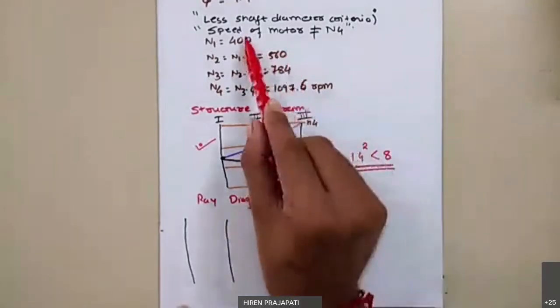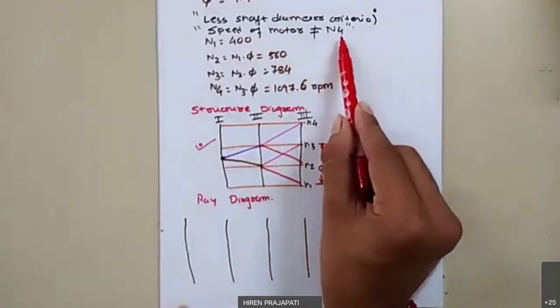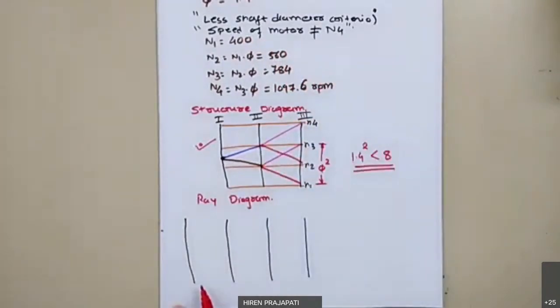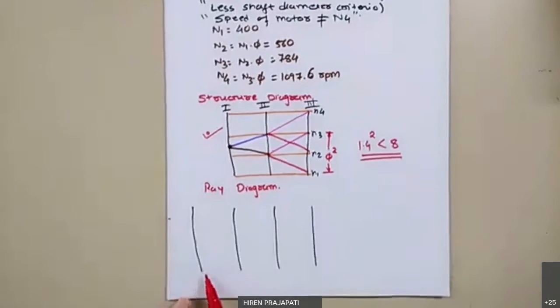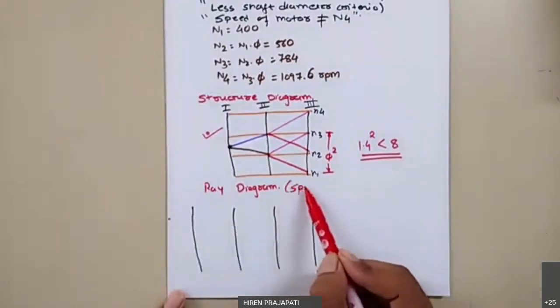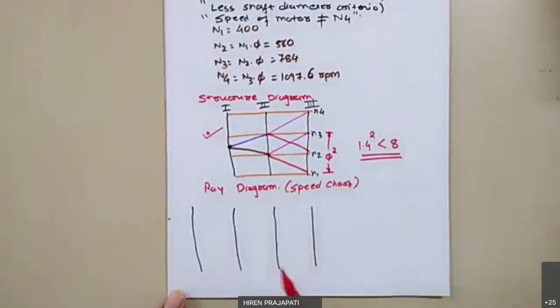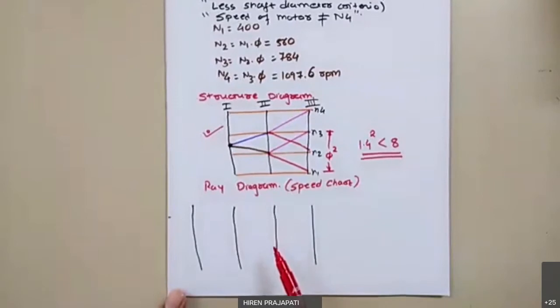As per the condition, speed of motor is not equal to N4, so I need to draw one more additional line in the ray diagram. This is also called a speed chart, because this is giving us information related to speed of gears.